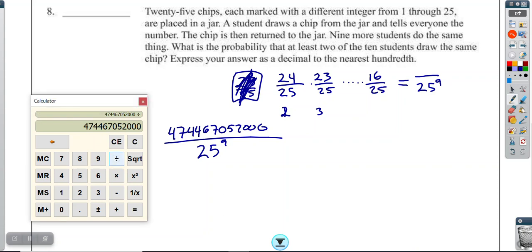So divide that by 25, that's 1, 2, 3, 4, 5, 6, 7, 8, 9.